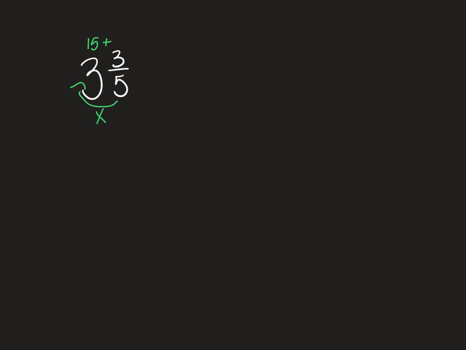You multiply the denominator times the whole number, which is 3 times 5 is 15. You add that number to the numerator, which would be 18, and that beautiful little denominator stays the same. That is your answer, okay?